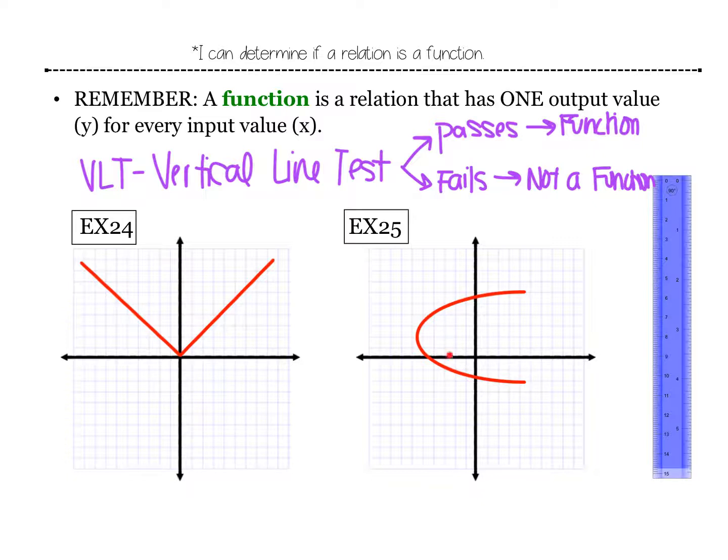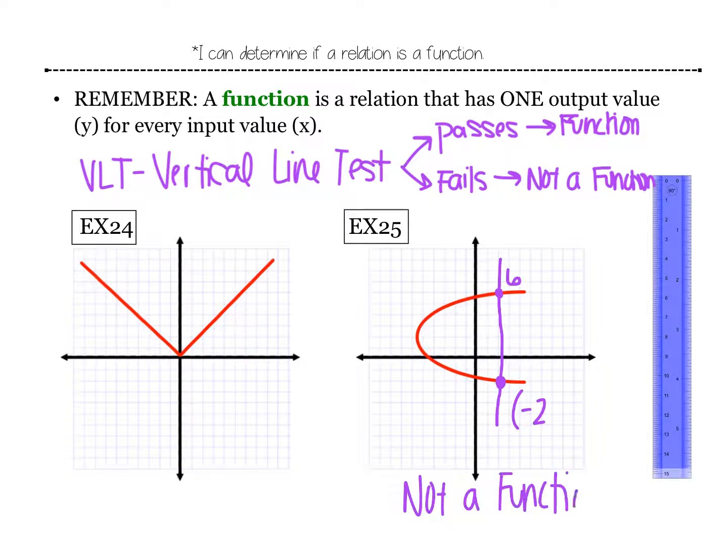Versus this one over here, when I run this vertical line, let's say right here, the input is 2, and when the input is 2, I get -2 as an output, but I also get 6 as an output. And so the definition of a function is that I can only have one output value for every input value. So this is not a function.